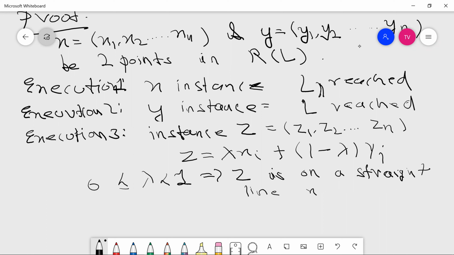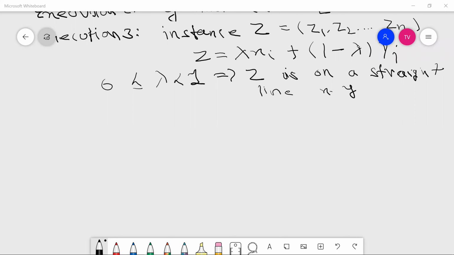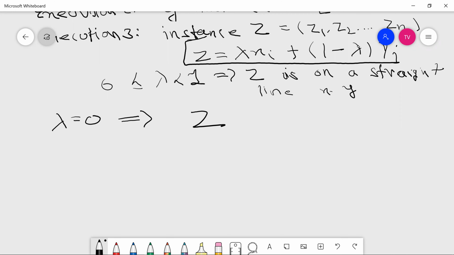If the value of lambda is 0, then from this equation z equals yi.